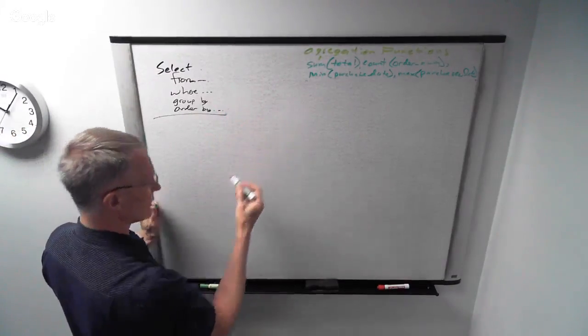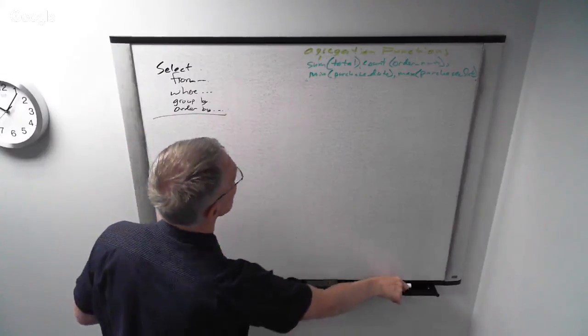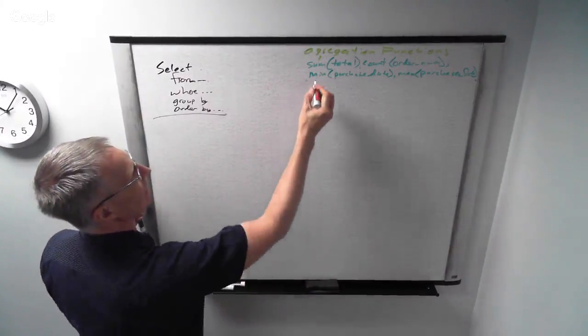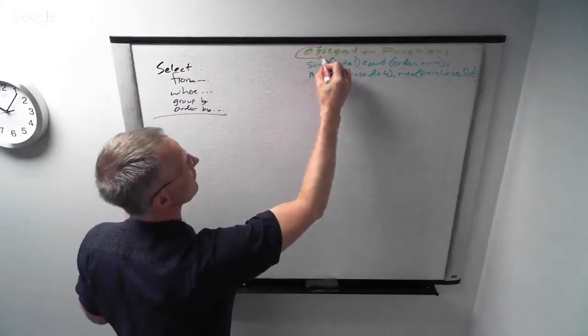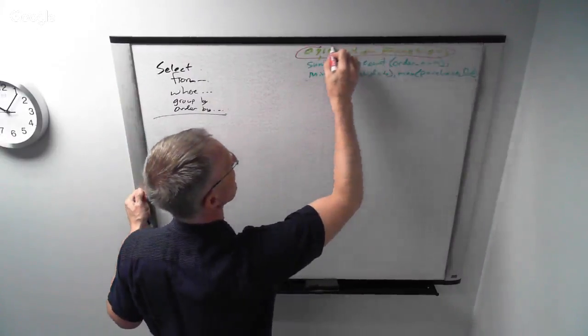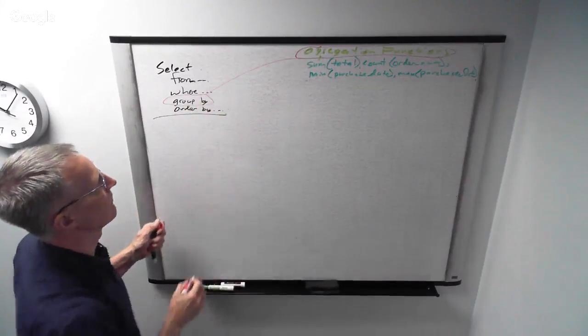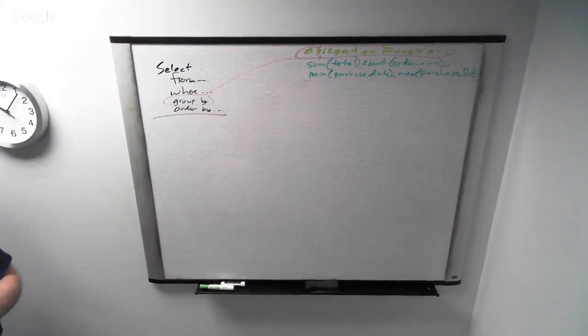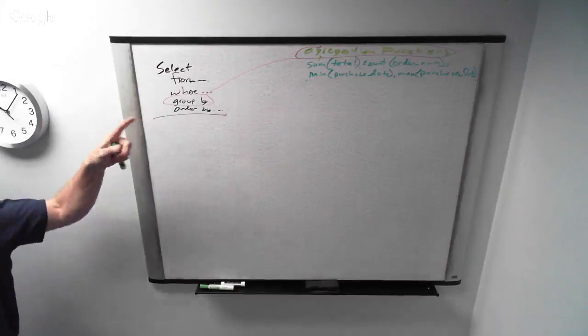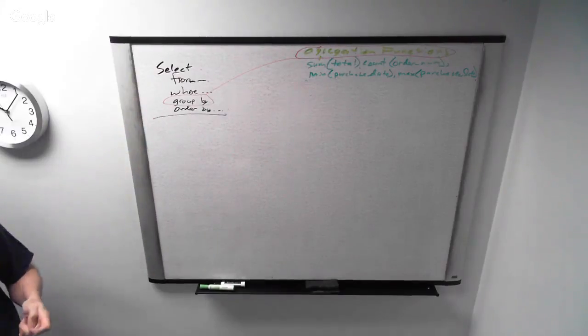All right, so the point here is that when we have aggregation functions, okay, we need to have the group by clause. Okay, so I'm drawing circles connecting those two things together. Those are never independent of each other.